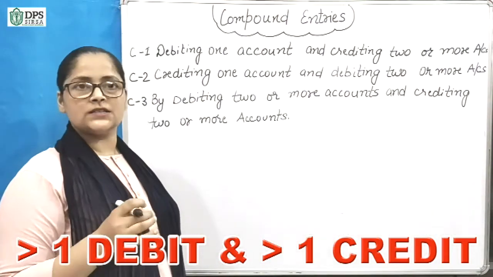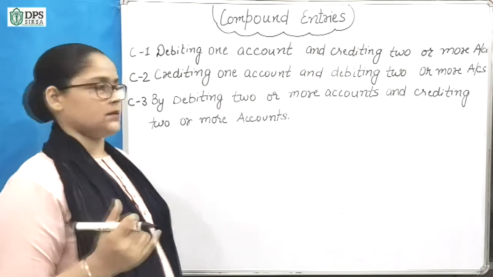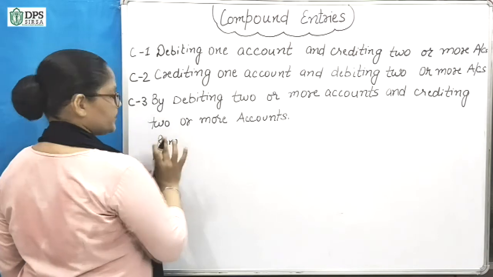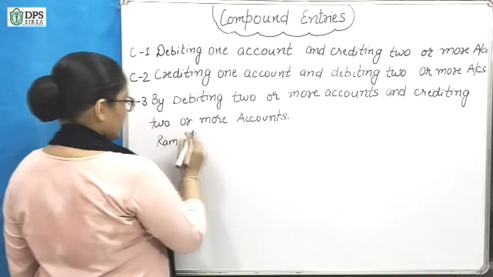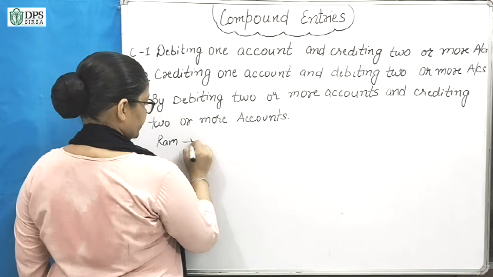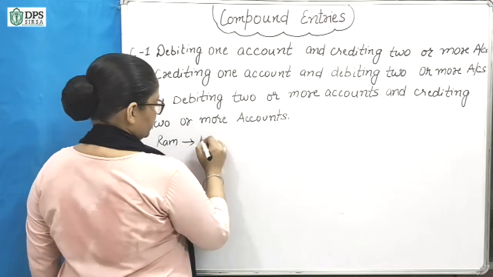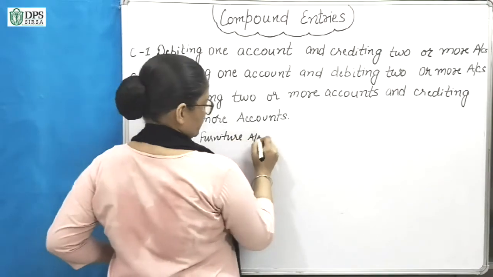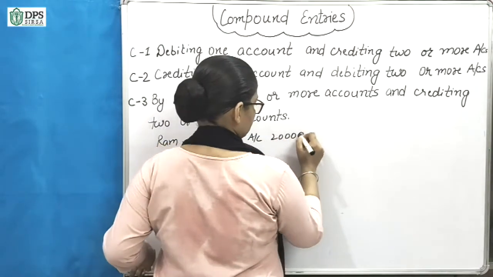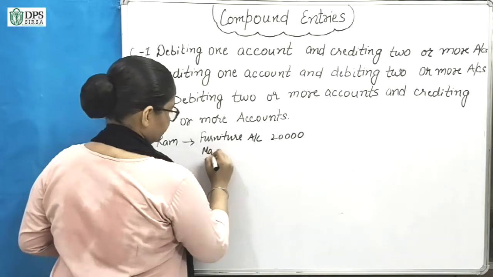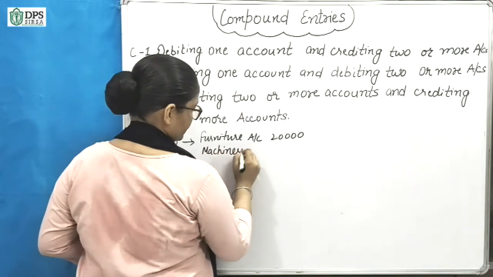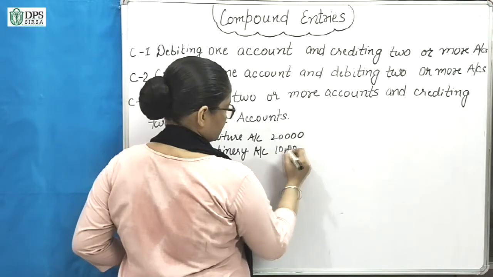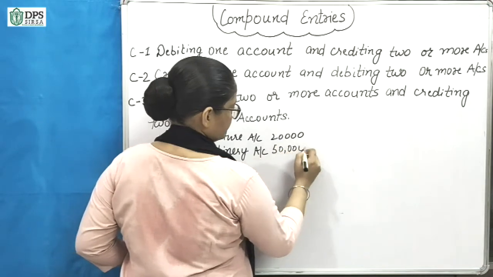Suppose we are purchasing a running business of a person. The name of the person is suppose Ram. We are purchasing the business of Ram. So Ram is giving us furniture of the value 20,000. He is giving us machinery, 50,000 suppose.